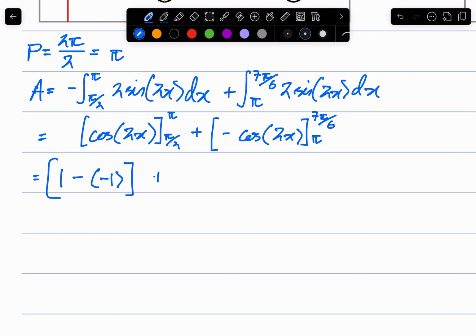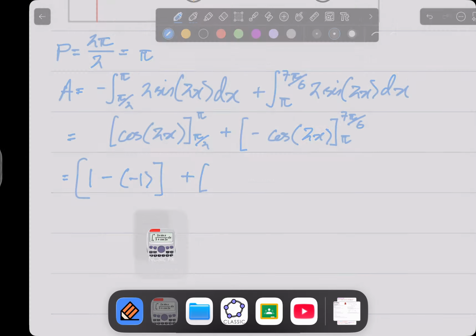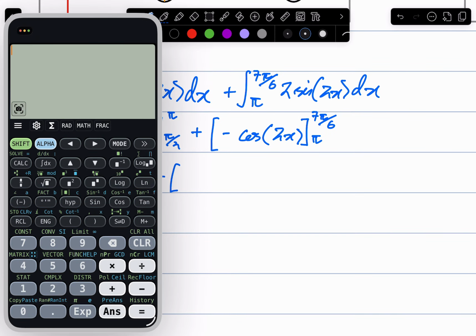Then from here, we add on 7 pi on 6 into this one. This can actually be done just by using a calculator, making sure that it's in radians mode here. So radians, negative cos of 2 times 7 pi on 6.